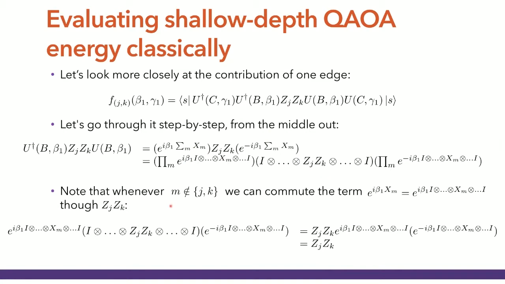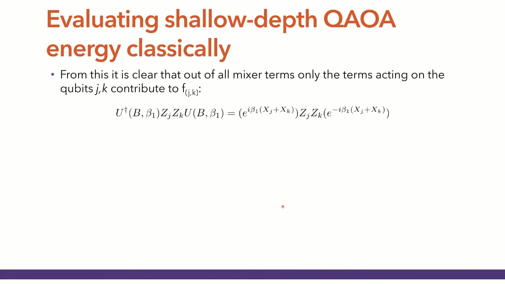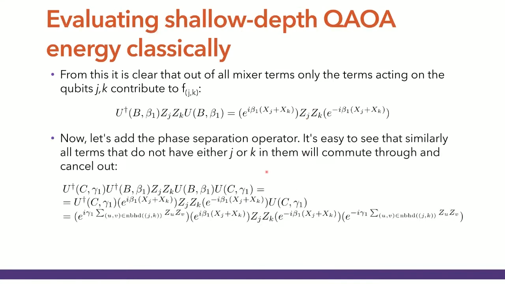So whenever the qubit m is not j or k, we can commute the term through and cancel it out. So the only thing that will be left is the mixer term acting on the qubits that correspond to this edge, that are the same qubits on which those Pauli Zs act. Now, if you have the phase separation operator, it's easy to see the same way that everything will commute through except the terms that are touching one of these two qubits.